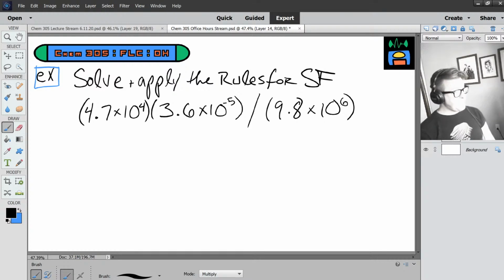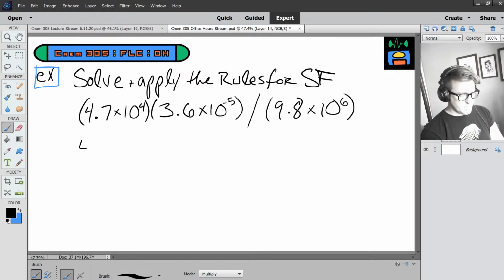All right, so here we've got some math to do, right? And because we only have multiplication and division present in this problem, we can do this in any order. You don't have to worry about order of operations here, because we're not switching between multiplication, division, and addition, subtraction.